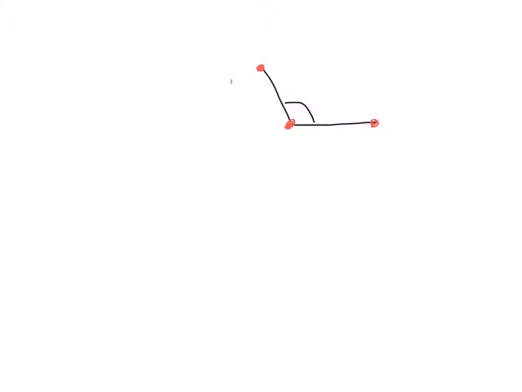So if I call this A, B, and C, so A, B, and C are points, I need to give this angle a name. So I'm not going to call it B because that would get a little bit ambiguous. Like when I say B, if I just call the angle B, you'd be like, is he talking about the point or is he talking about the angle?